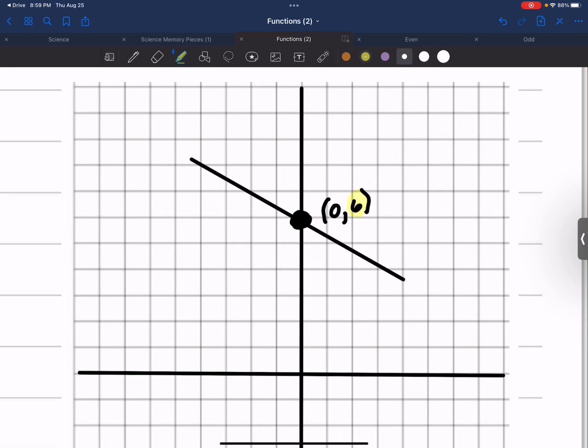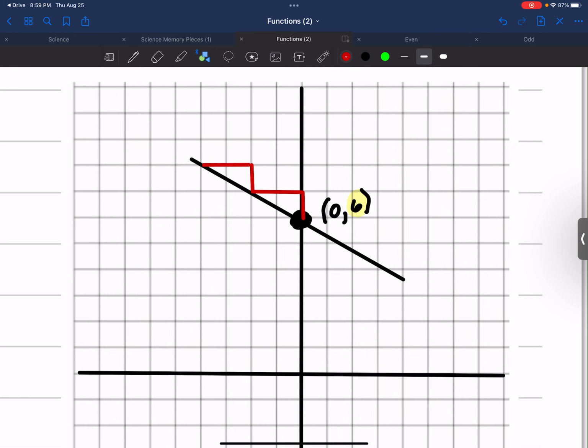So let's see if we can get some slope figured out here. So I'm going to go from, let me go up first. So we're going to rise 1, run 2, rise 1, run 2.